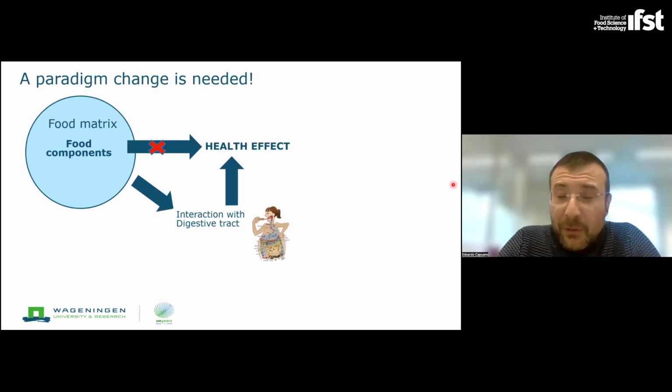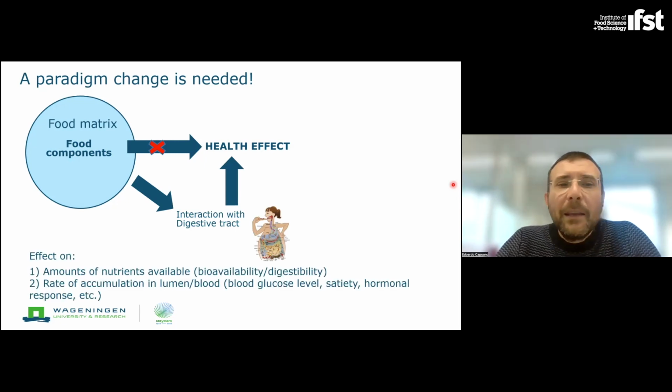And it does so by modulating the amount of nutrients that are available to our body, what we refer to in terms of bioavailability or digestibility, but also modulating the rate at which these nutrients or bioactive compounds accumulate in the lumen of the gastrointestinal tract or in our blood, which is also very important, because it can trigger different physiological responses and produce different physiological outcomes.